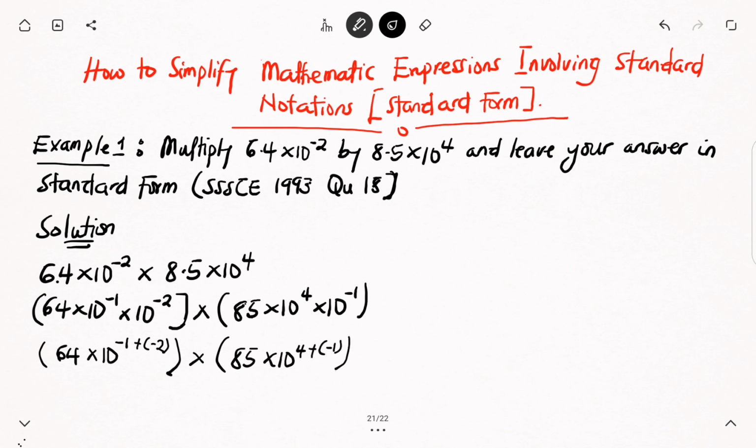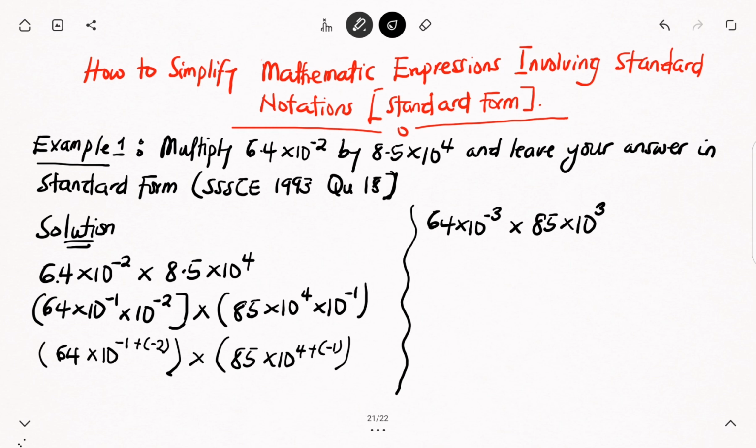So from here I now have 64 times 10 raised to the power negative 1 plus negative 2 becomes negative 3, multiplied by 85 times 10 raised to the power positive 4 plus negative 1 will give me positive 3.